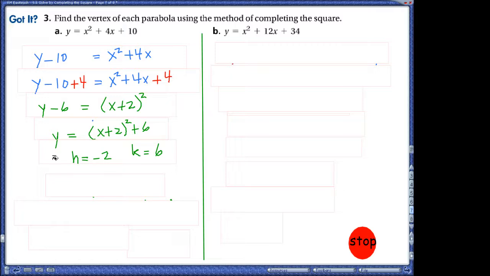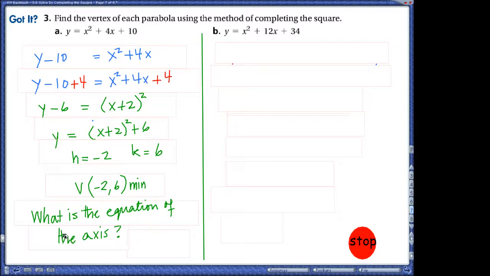And now h is equal to -2, k is equal to +6. The vertex is at -2, 6. And my next question is, can you figure out what is the equation of the axis of symmetry? And since the axis is right on the vertex, x has to equal to -2.